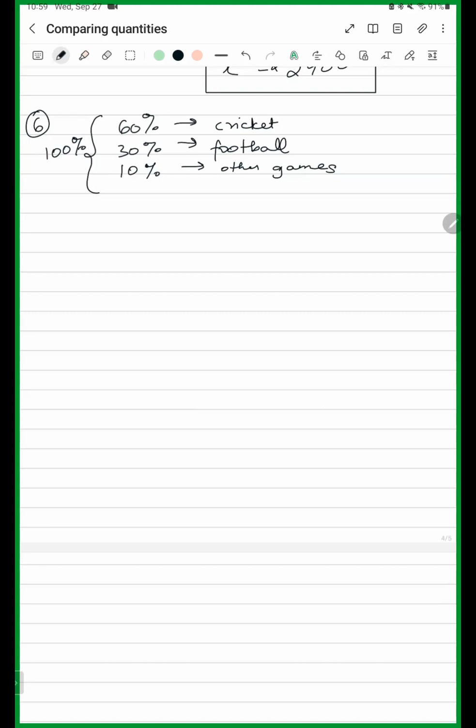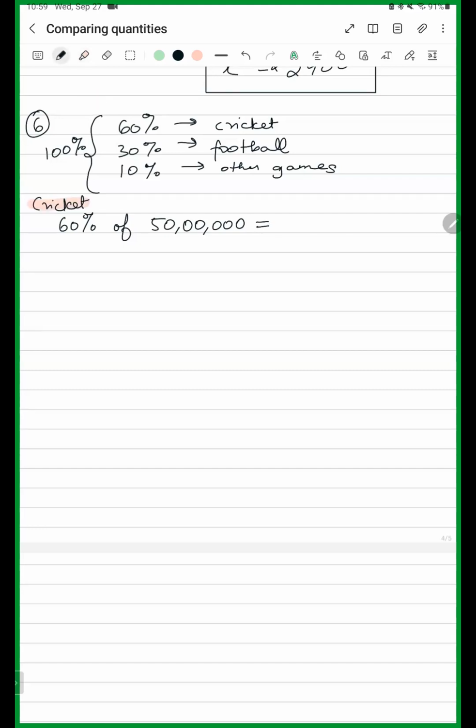So what all have we deciphered from this question? 60% like cricket, 30% like football, 10% like other games. They are saying the total number of people is 50 lakh. So 60% of 50 lakh like cricket, so you have to find this. First, let's find the people who like cricket.